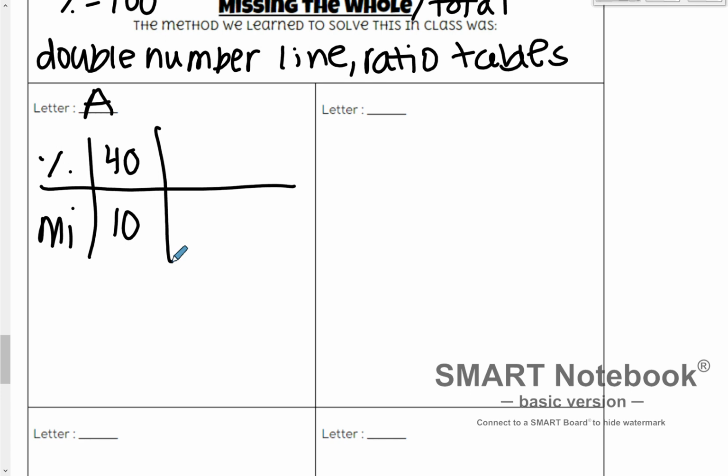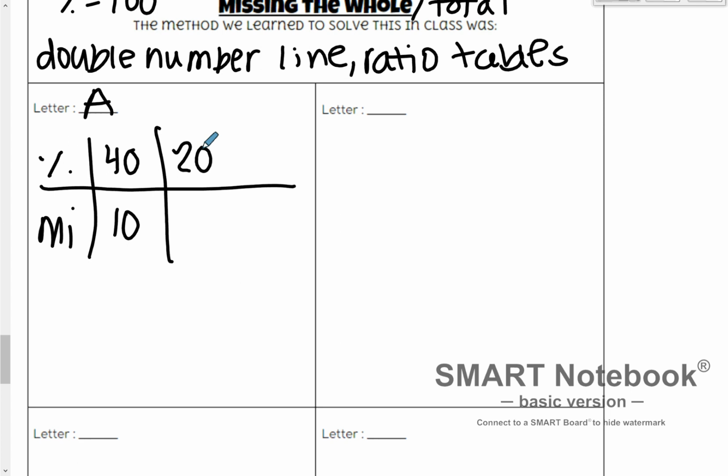And here's where we just have to guess and check. Some of us might be saying, oh, we could get 40 down to 10, because that's what I always like to do, right? That would be dividing by 4. But then I think to myself, can I divide 10 by 4? No, so that's not going to work. Let's think of something else we could get 40 down to. We can get 40 down to 20. And to get it down to 20, we would divide by 2.